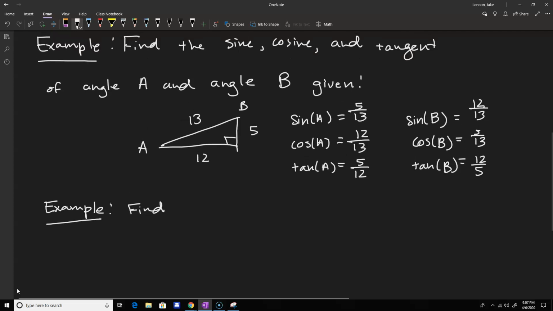So find the trig ratios of A and B given. So let's write a new triangle. So let's say this one looks like, I don't know, this. So this is our right triangle. Let's say this is 5, this is 3, and this is 4.